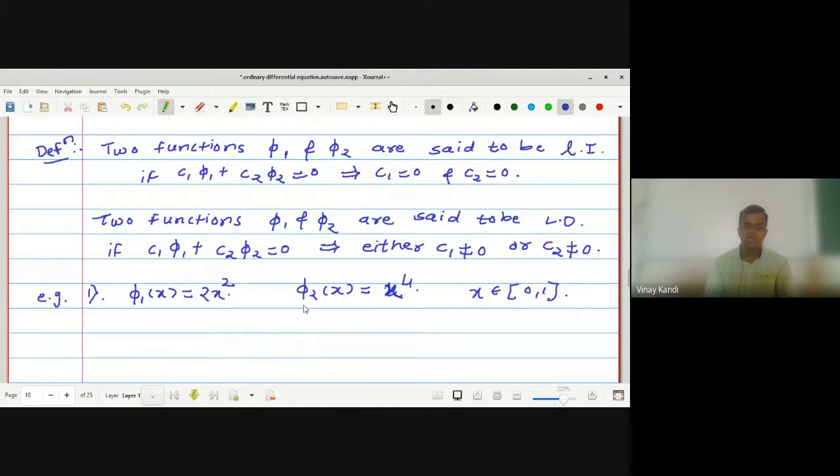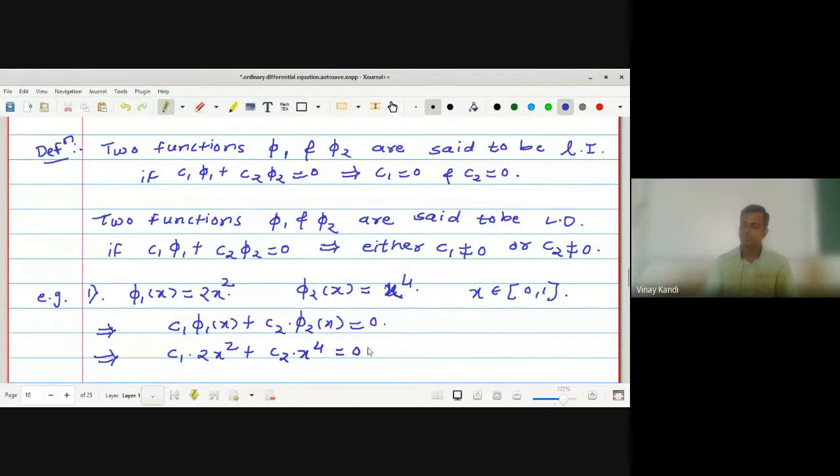Okay, so what is the linear combination? C1 into phi1 of x plus C2 into phi2 of x is equal to 0. It implies C1 into 2x square plus C2 into x raised to 4 is equal to 0.